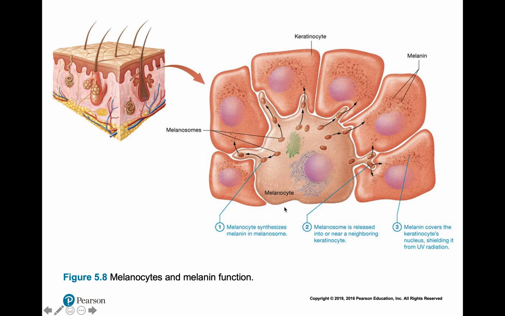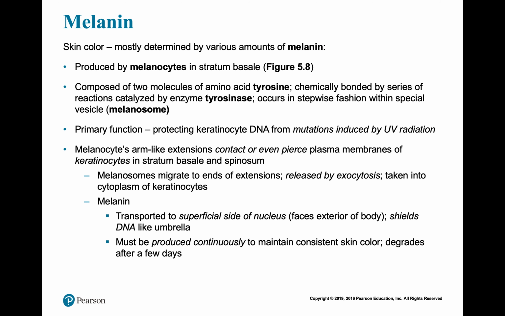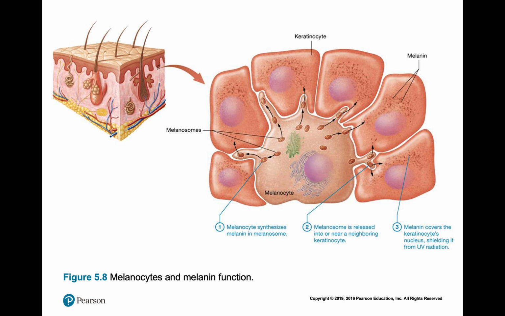Remember, the stratum basale is closest to the dermis, and it's that dermis that is vascularized. So the melanocytes want to be close to the blood supply where they can receive lots of oxygen and nutrients, because melanocytes are very metabolically active since they have to constantly produce melanin all the time. So they have to be nearby the nutrient supply. Okay?